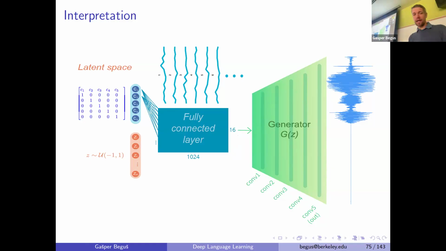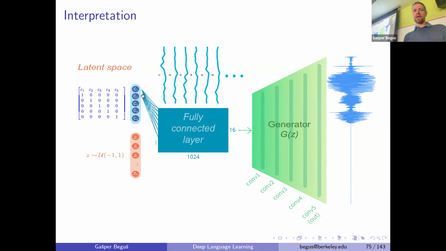In the fully connected layer, this is taken off the shelf; I think this still goes back to DCGAN in 2015. We have 1024 tiny waveforms, tiny time series data.